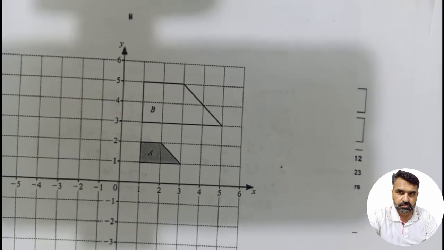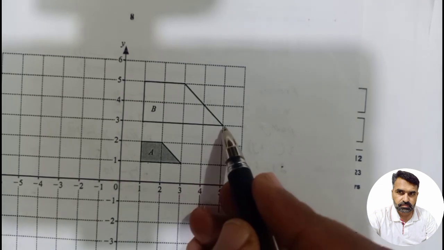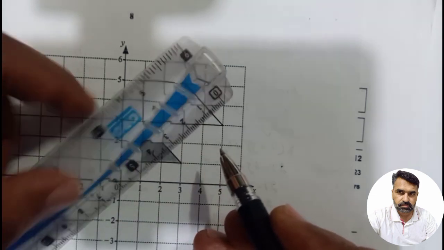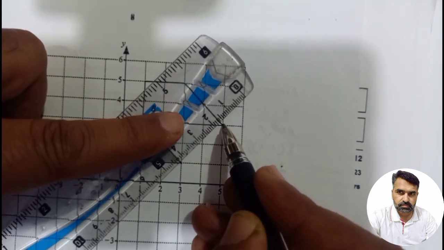At third number, we have to find the center of enlargement. For finding out the center of enlargement, we have to join the corresponding vertices of both the shapes, and if I join this point and this point, it will be joined in this way.